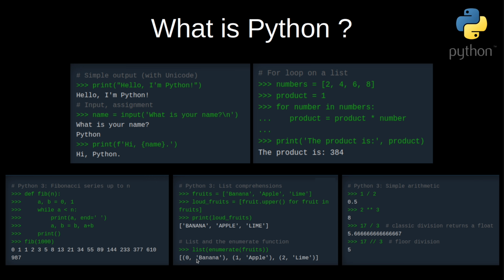One is 0 and the string banana. The other is the 1 and the apple string, and the other is the 2 and the lime string. So basically the enumerate enumerates and creates indexes for each of the elements of, for example, the list it's enumerating.